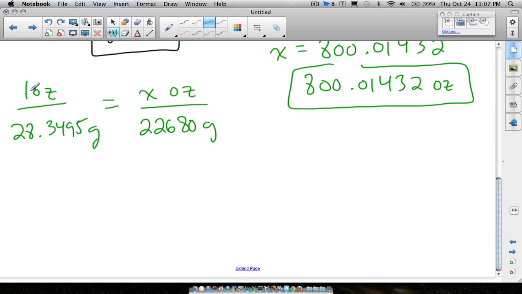So cross multiplying these, 1 times that is 22,680 is equal to 28.3495 times x, which is 28.3495x. And now let's divide both sides by 28.3495.